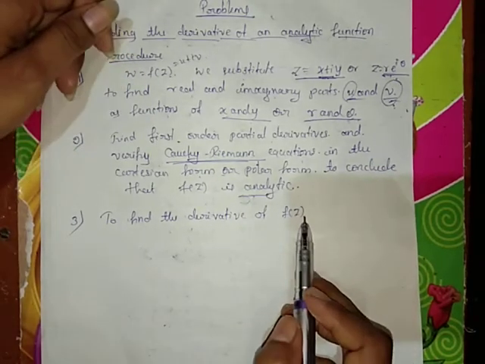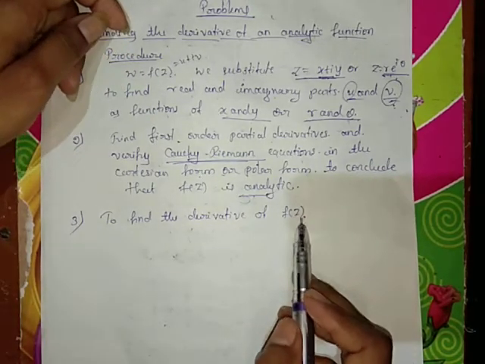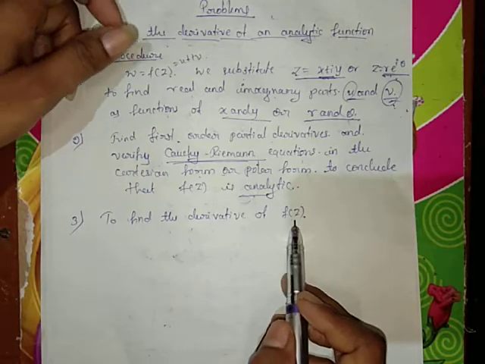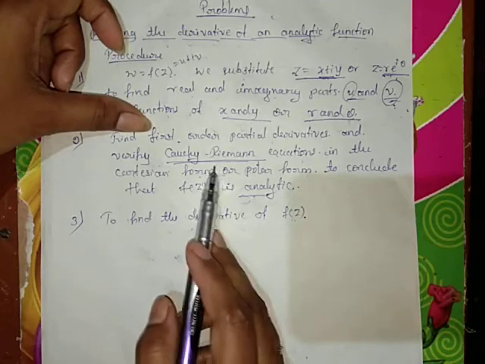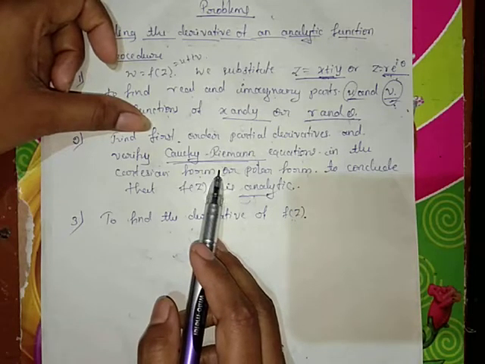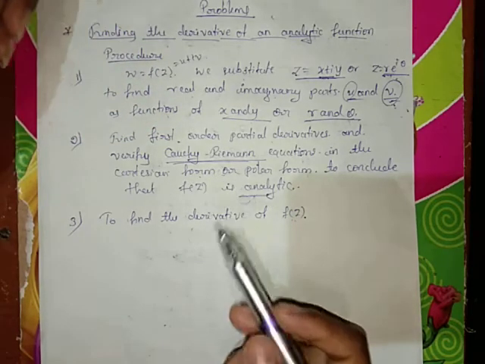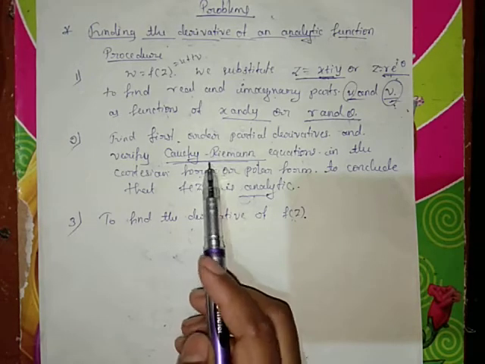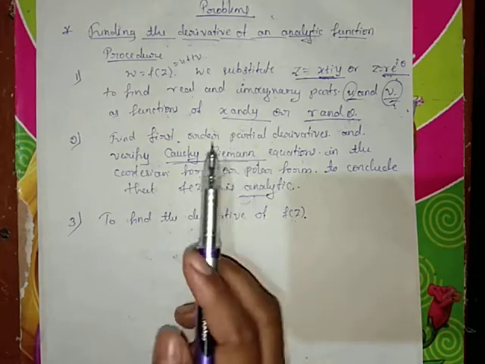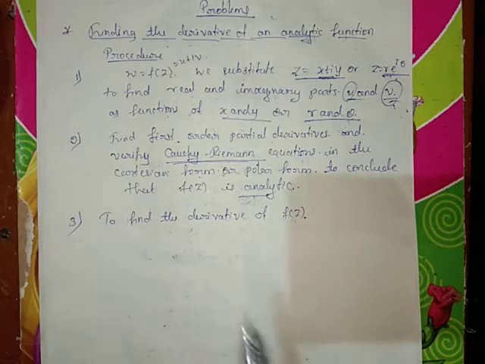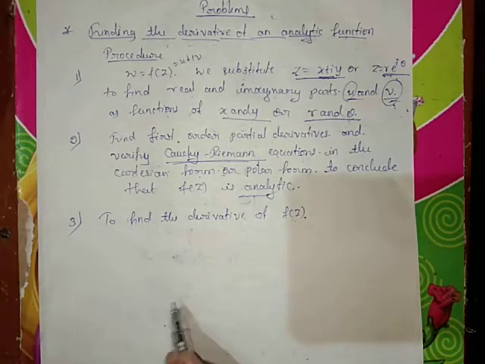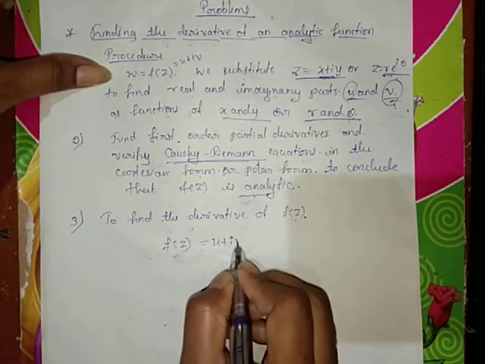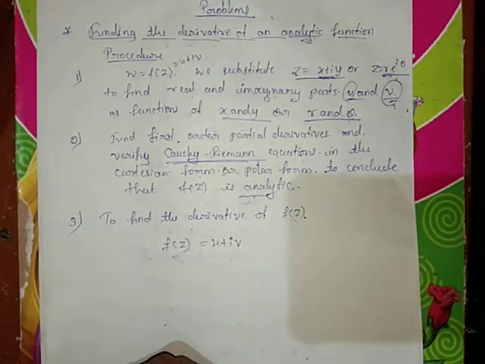Here, to find the derivative of f of z, we use the fundamental results we used while establishing the Cauchy-Riemann equations. Whatever terms or derivatives we obtained in verifying the Cauchy-Riemann equations will be used again to find the derivative of f of z. So here we know that f of z equals u plus iv.